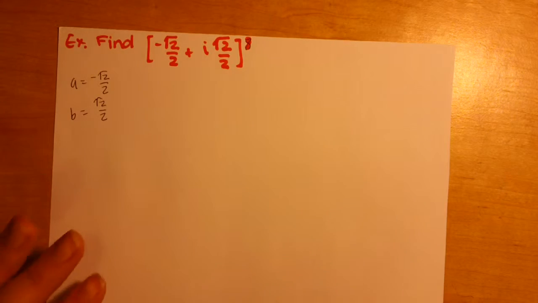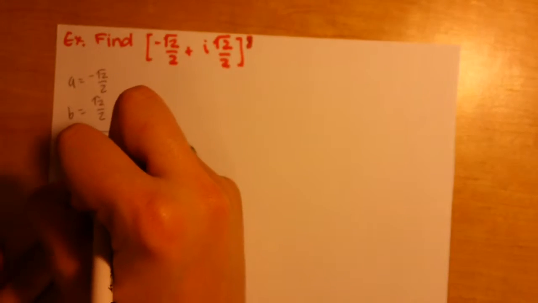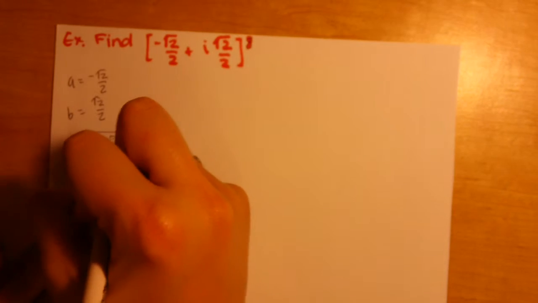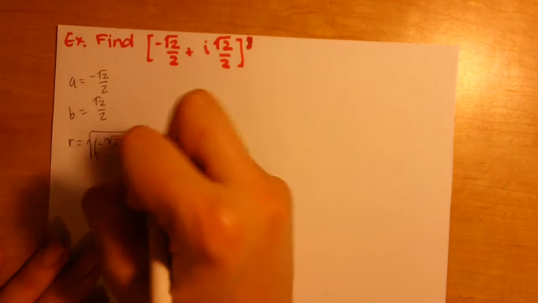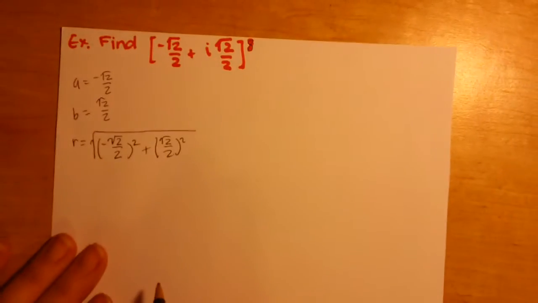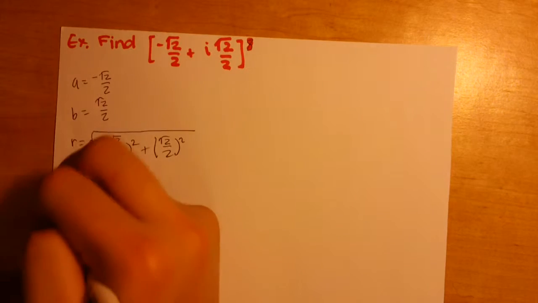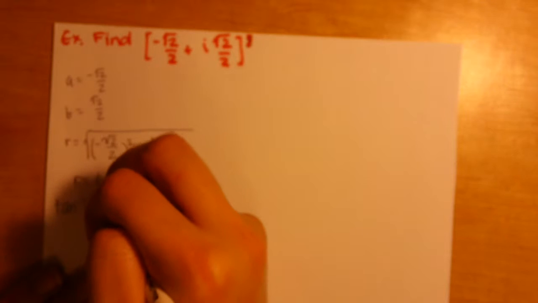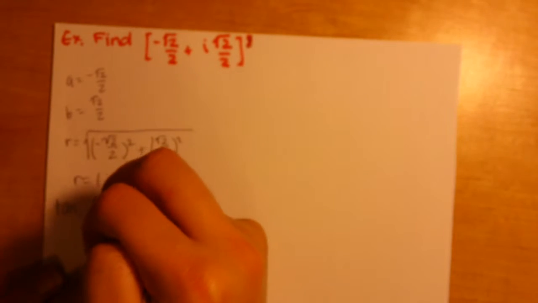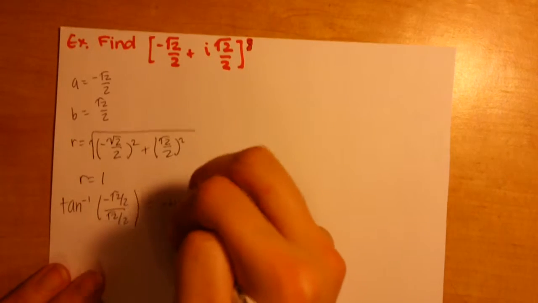So to find my R is the square root of my A squared plus my B squared. When I multiply this out, I get R equals 1. Then I take my tangent inverse to find the angle. Which is negative 45 degrees.